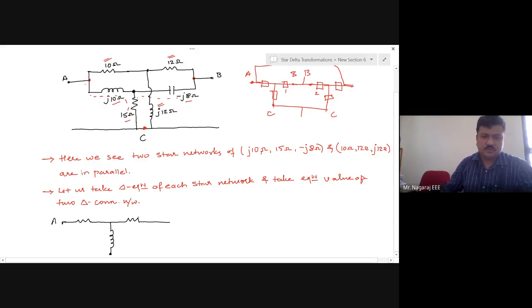So this terminal is A, this terminal is B, and this terminal is C. So this is J12 ohms, this is 10 ohms, and this is 12 ohms.